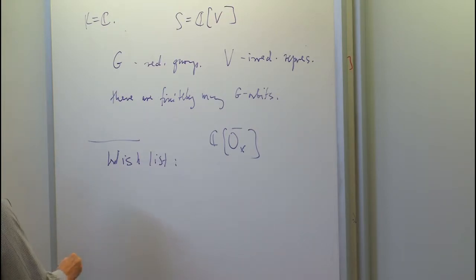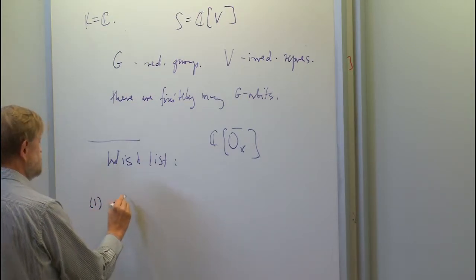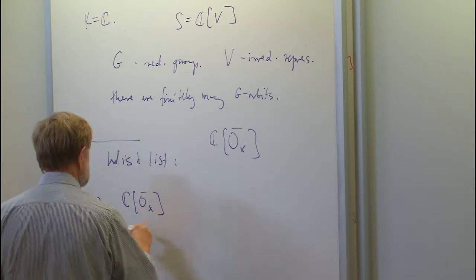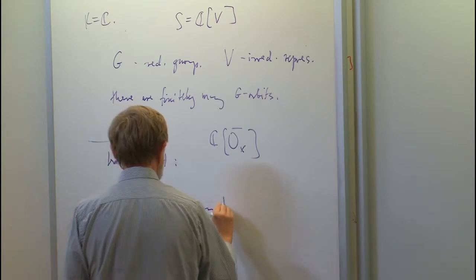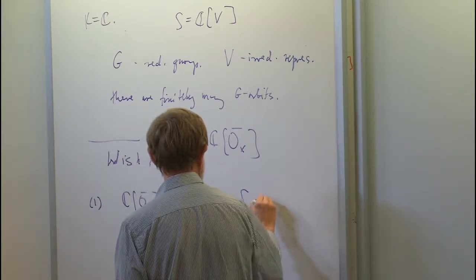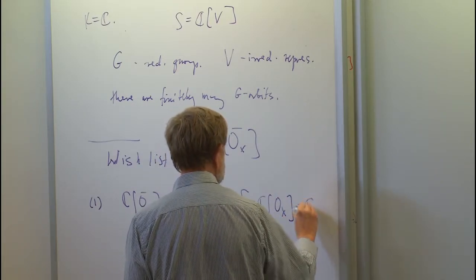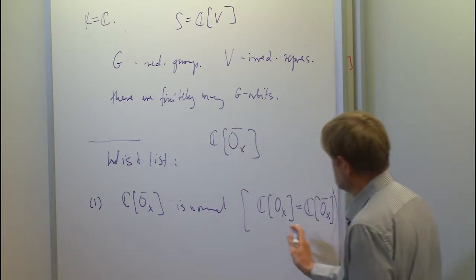So what would I want to know about this ring? First of all, as was already observed several times, it's very important to know whether C[OX], the coordinate ring of the orbit closure, is normal. The point is that in such a situation, the coordinate ring of the orbit itself is equal to the coordinate ring of the orbit closure.